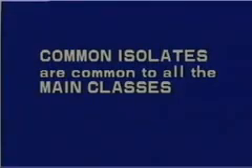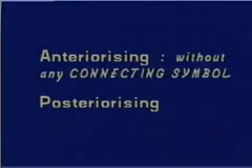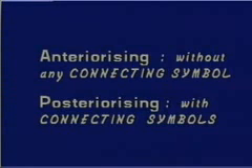brought together. The main points of today's discussion are: common isolates are common to all the main classes. Common isolates are of two types: anteriorizing and posteriorizing. Anteriorizing common isolates are used without any connecting symbol, and posteriorizing common isolates are used with connecting symbols.